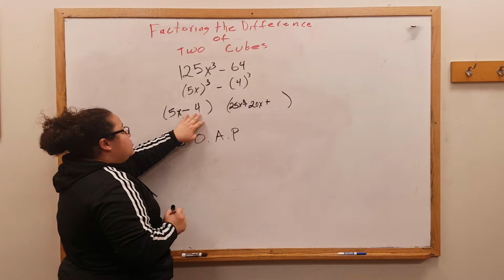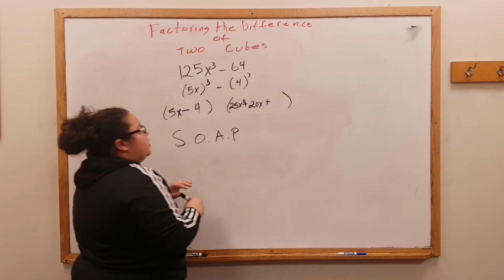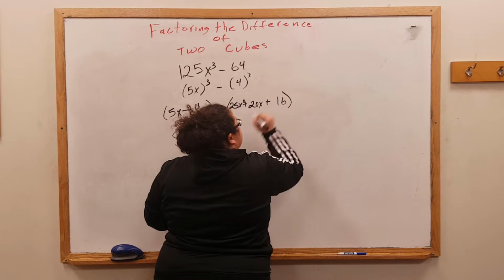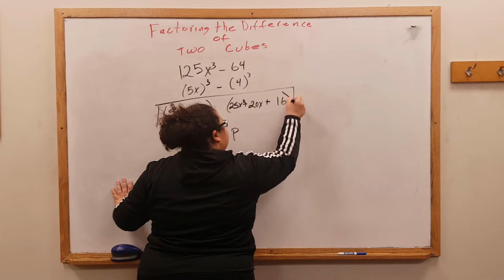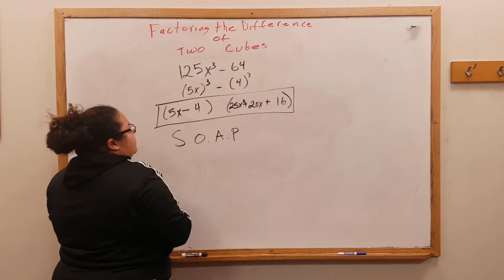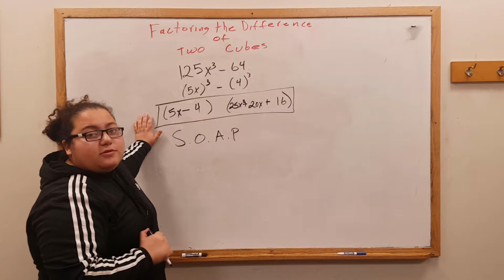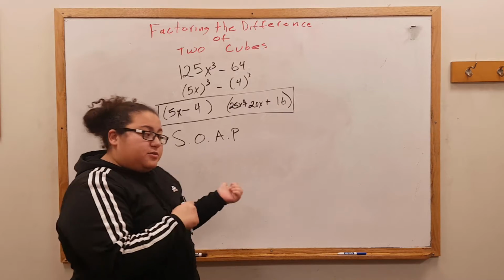And then the last one, 4 squared, which is going to be 16. And don't forget to box the answer. And that's your answer. I'm going to erase this board, and I'll be back with another example.